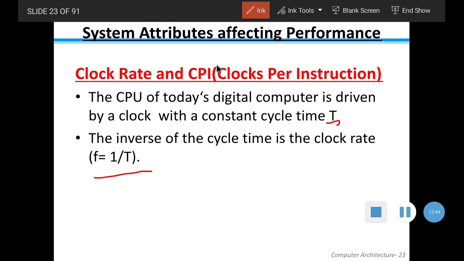We are also measuring the performance of the system by clock rate and clocks per instruction. When we solve some problems, you will understand how these different attributes affect the performance. If you increase the clock rate or the clocks per instruction, how it will decrease the CPU time, we will learn all this with the help of examples.